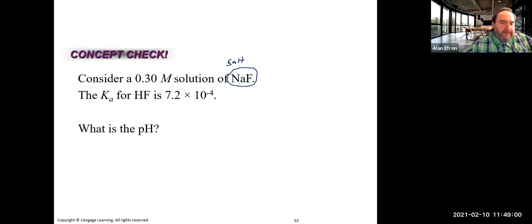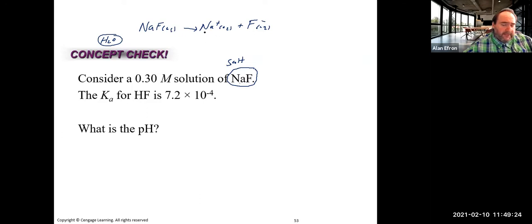The other thing to think about is, when it's in solution and breaks apart into sodium and fluoride, will any part of that salt continue on and react with water through a hydrolysis problem?